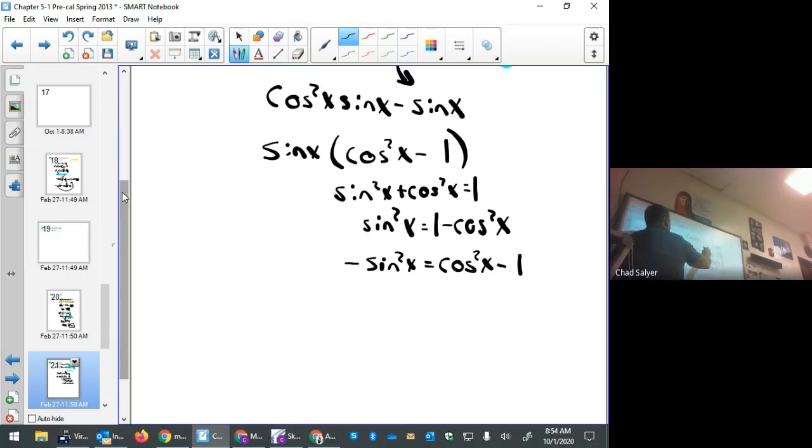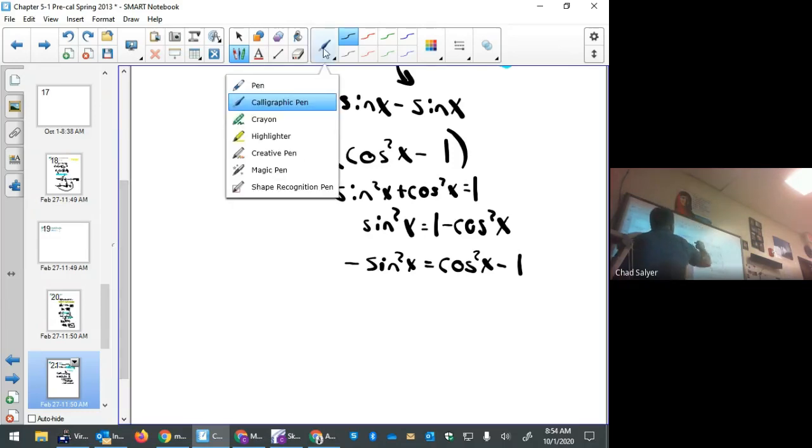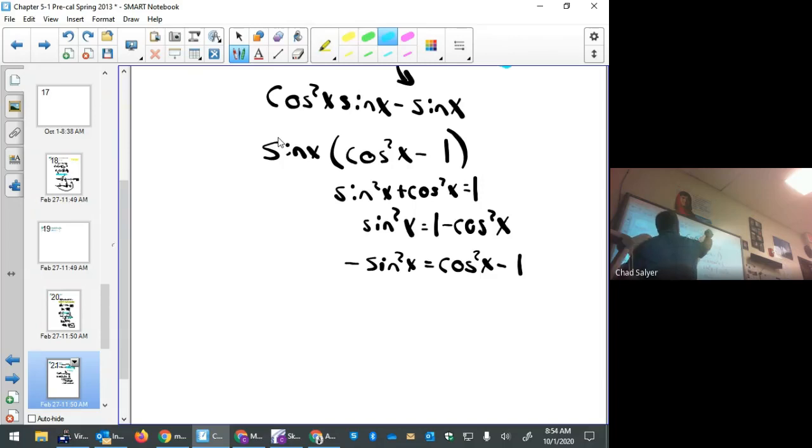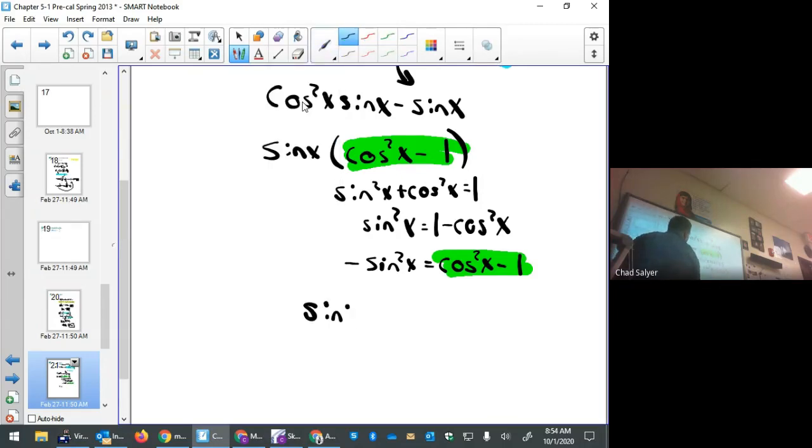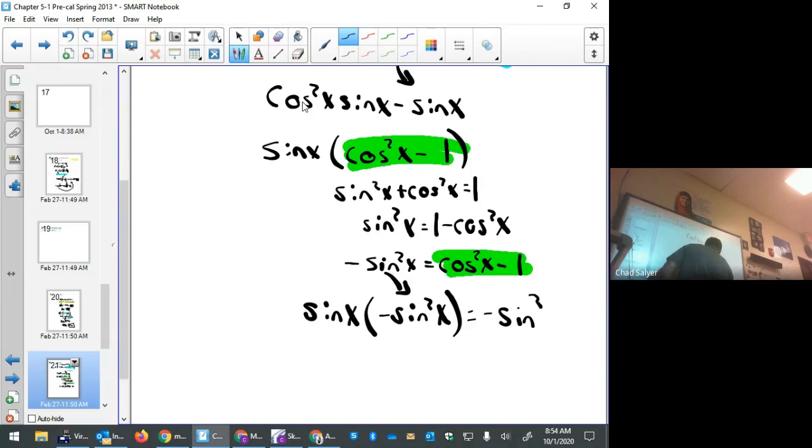Okay, so that tells me, because these are the same expression, I can plug this in for it. So this is also sine of x times negative sine squared x, which is negative sine cubed x.